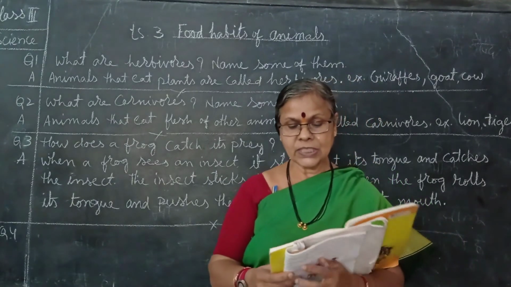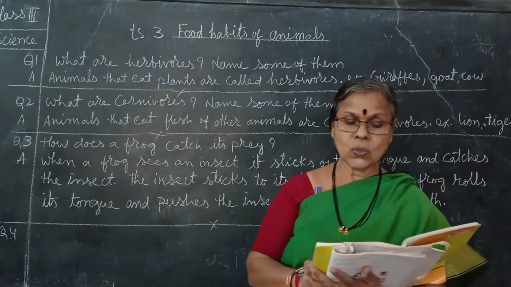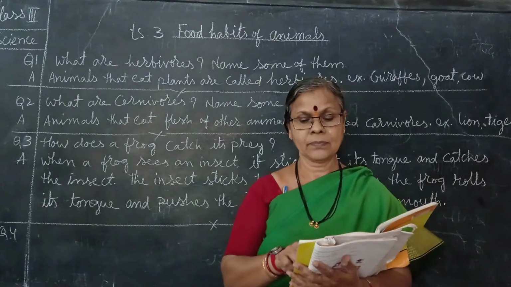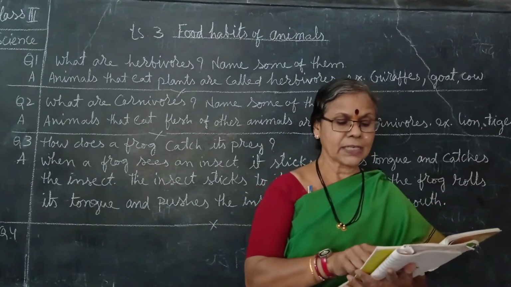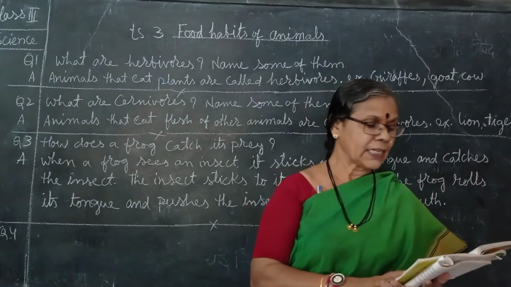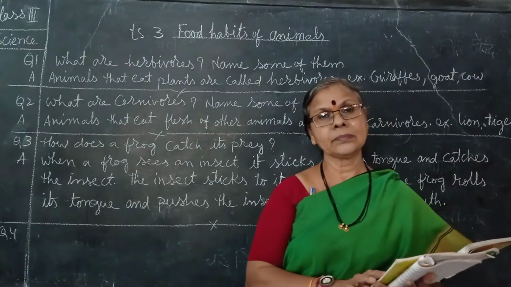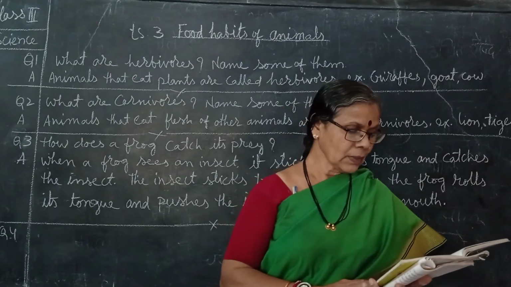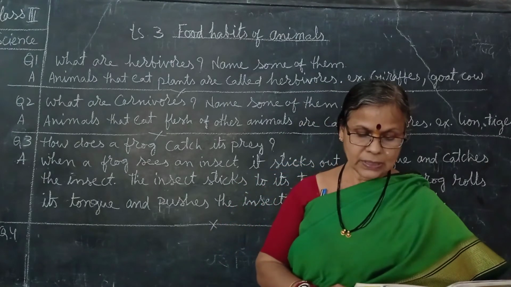Now what is chewing the cud? The cow swallows the grass first and later brings it back into the mouth and chews it for a long time. This is called chewing the cud. Now how does a frog catch its prey?